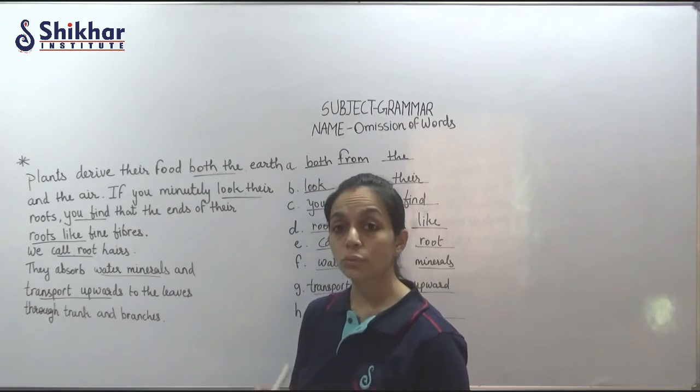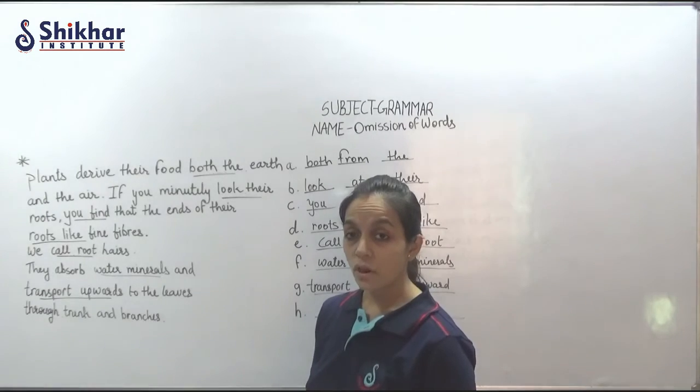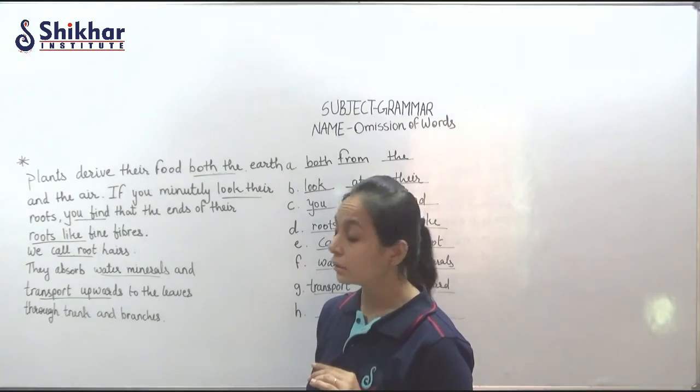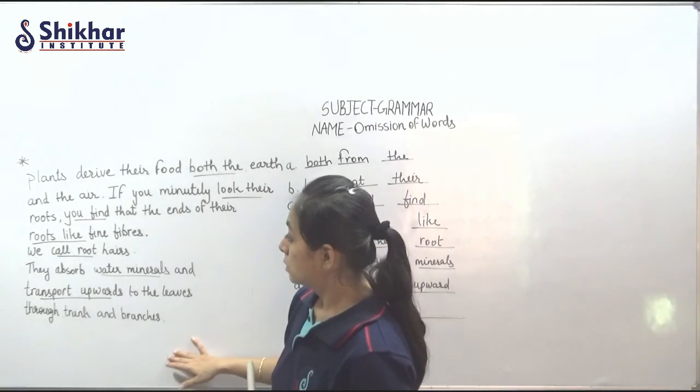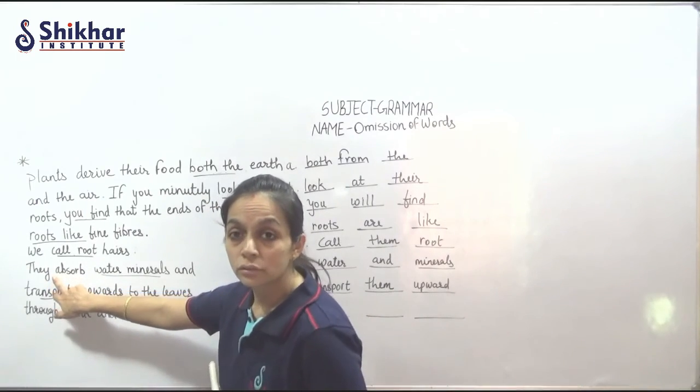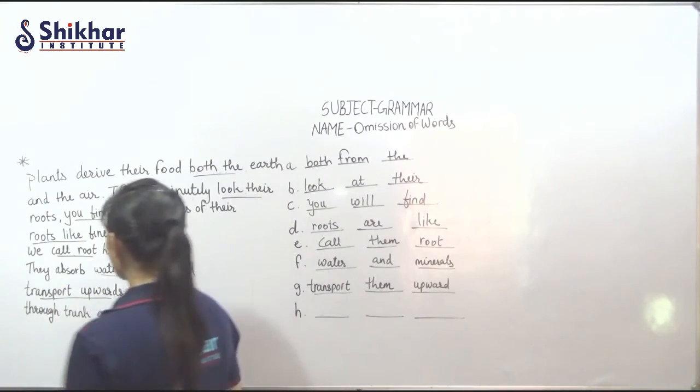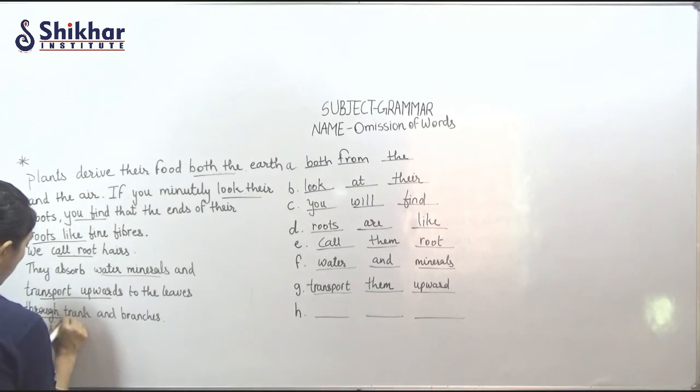Through trunk, through it trunk, or through their trunk. We have written 'they' here, so it should be through their trunk and branches.